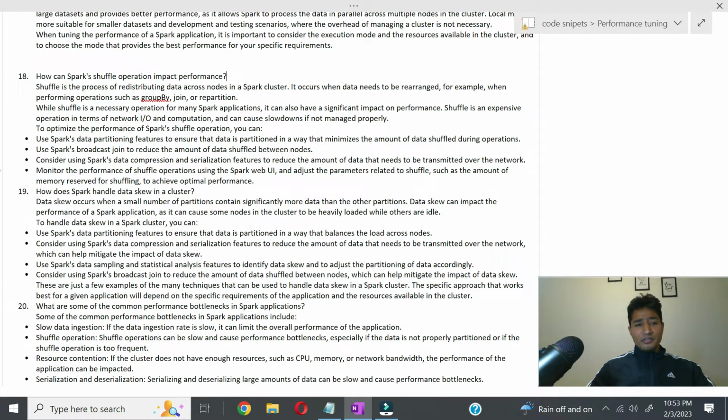Shuffle is expensive for network input/output and computation, and can cause slowdowns if not managed properly. What can you do to improve the performance of shuffle operations? You can use data partitioning, broadcast join, data compression, you can monitor the performance, right? And you can adjust the parameters related to the shuffle.